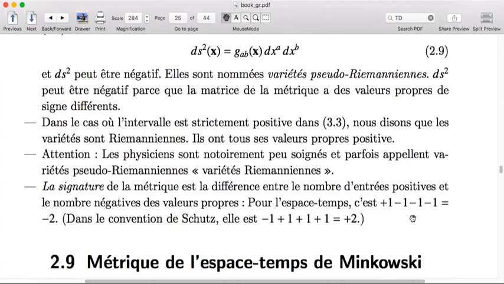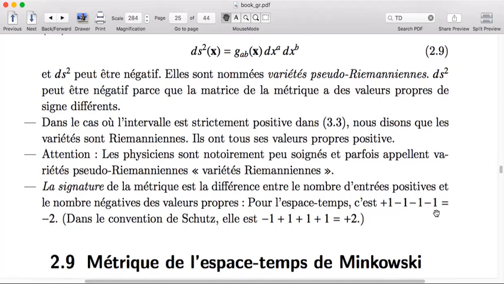Or another way to say it would be to count the number of positive eigenvalues and subtract the number of negative eigenvalues. For us, we're going to have 1 positive eigenvalue and 3 negative ones.